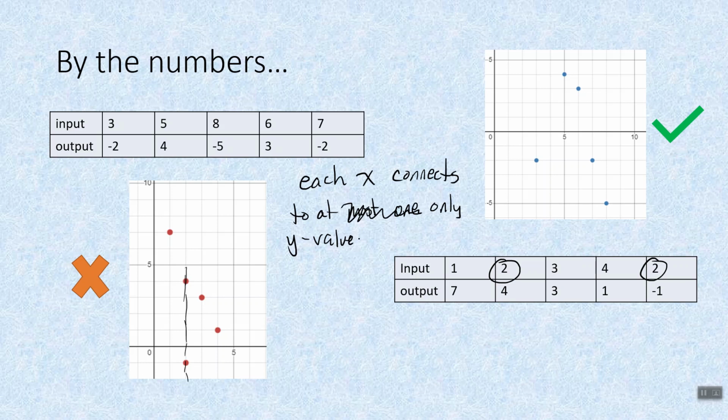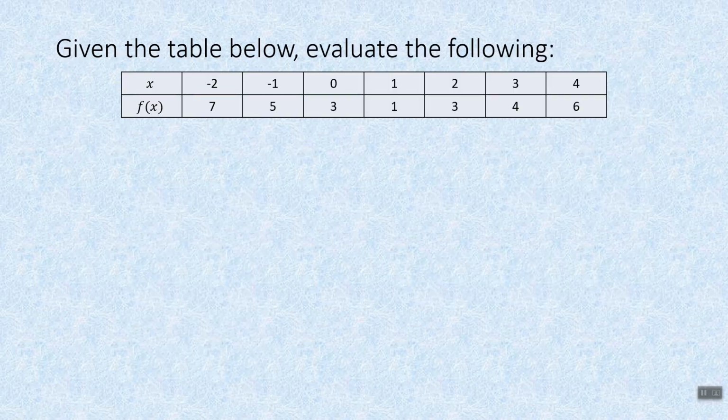Because each of our x values needs to go somewhere, we can't have a value here of 4 that doesn't have an output. All right, so each x connects to only one y value. And that's a not very official, but a general idea of what a function is.